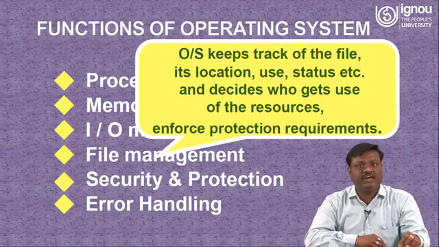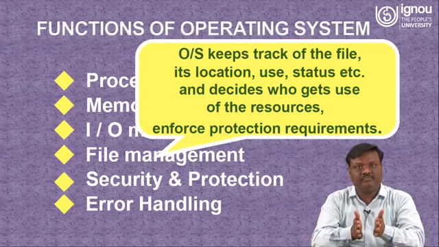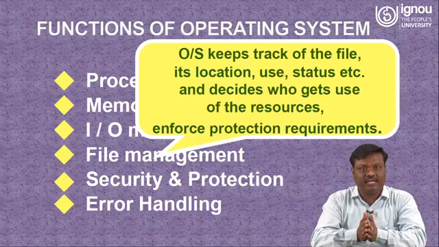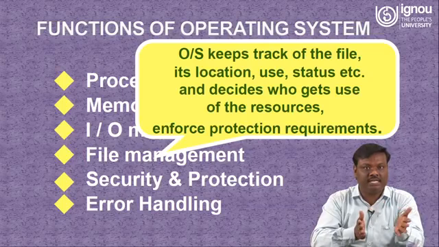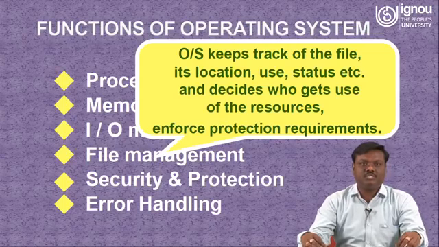Next is file management. Whatever information we store as an entity, the complete basic information as an entity, we call it a file. And many files together we club and put in the form of a directory in Unix or Linux, and in the form of a folder in Windows based operating systems.